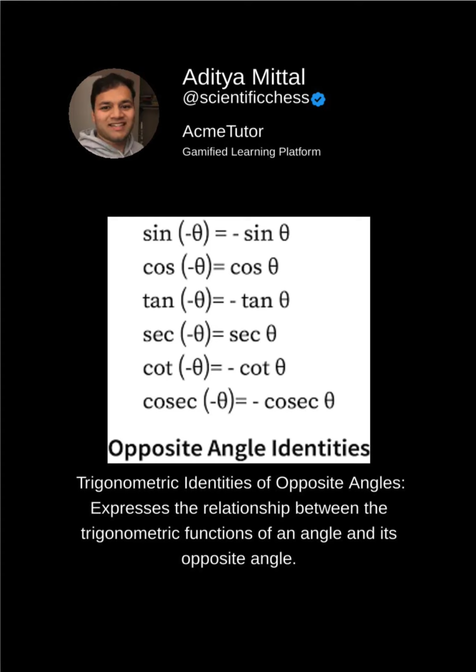So for sine, tangent, cotangent, and cosecant, the negative sign comes out. So that's the easiest way to remember the opposite angle identities. By opposite, we just mean the negative side of theta.